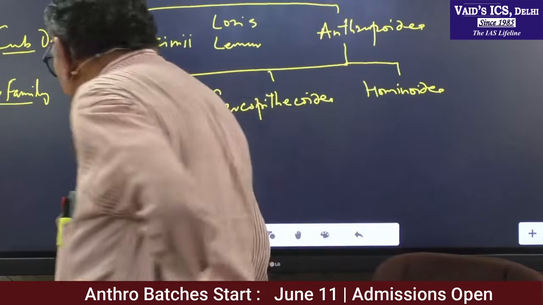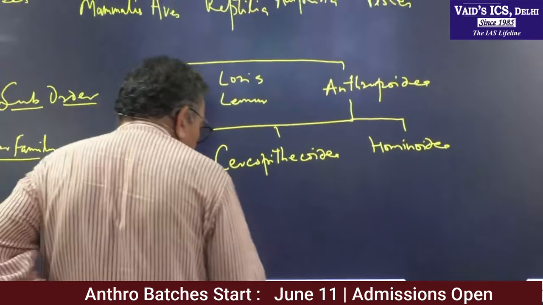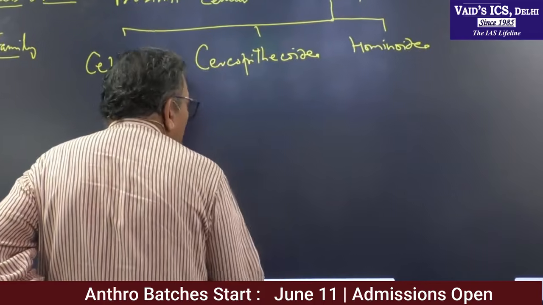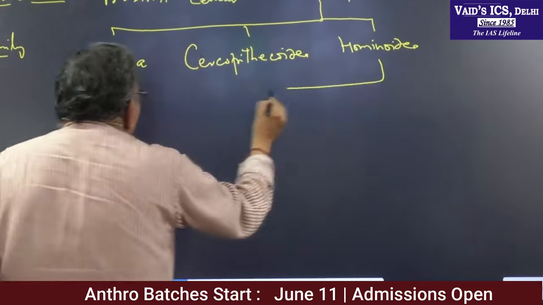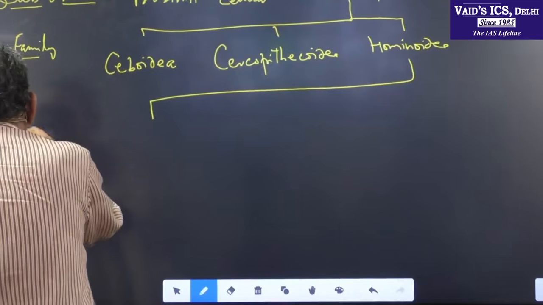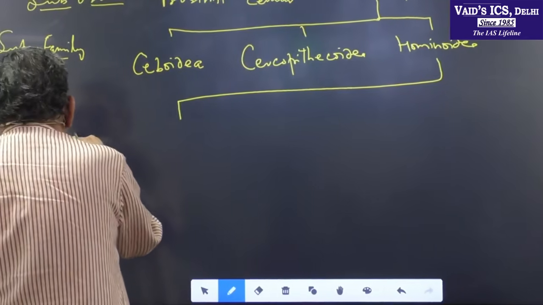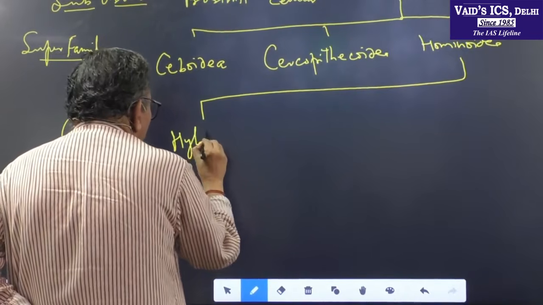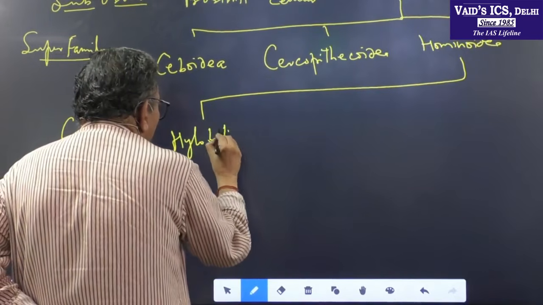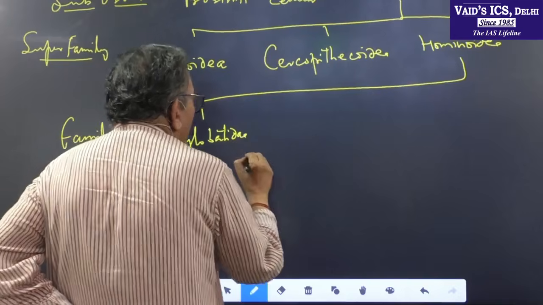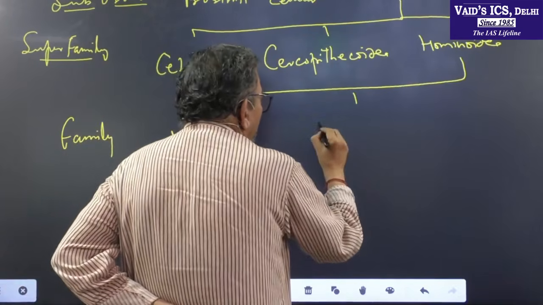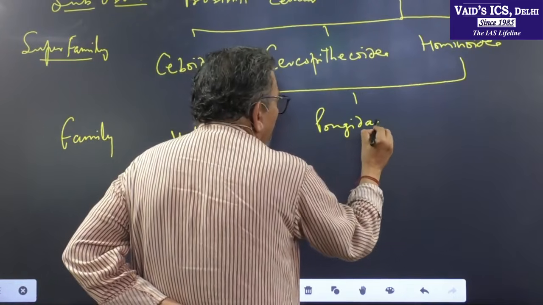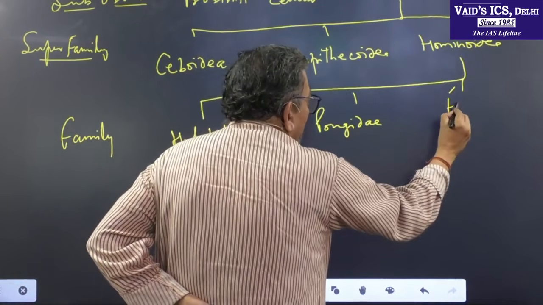Hominoidea have three families: Hylobatidae, Pongidae, Hominidae.